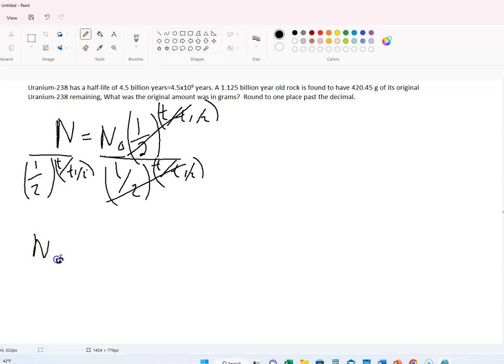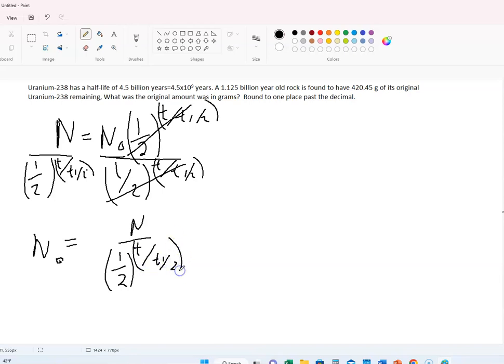So N sub 0 is equal to N over, it's the same, it's just now in the denominator: 1/2 to the T divided by T 1/2.